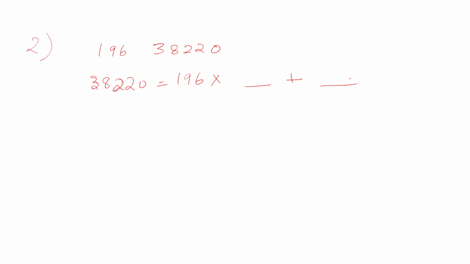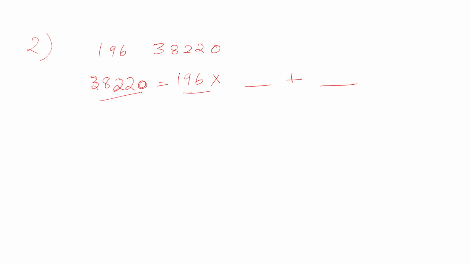If the question is new to you in your board exam, on seeing this you may waste more time finding out by multiplying which number we will get this one. So I can give you a little tip. If it works and you feel comfortable, then you can use it.